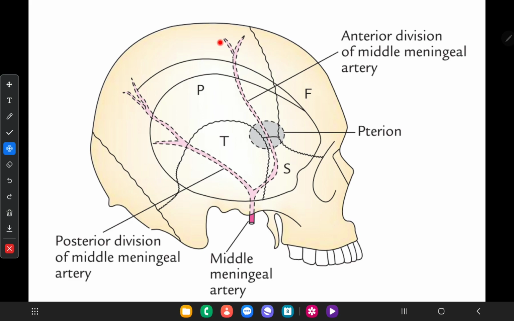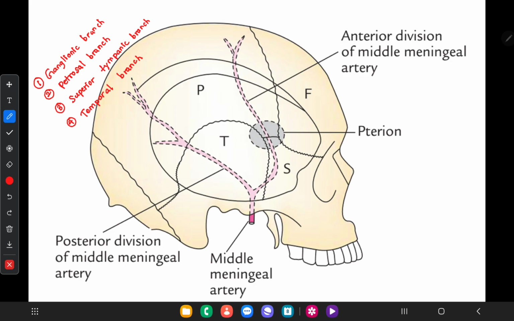Then, the posterior division, the parietal branch, arches backwards on the squamous part of the temporal bone, supplies the dura mater and cranial bones, and heads towards the lambda. So, those are the two main branches of the middle meningeal artery. There are several other minor branches as well.